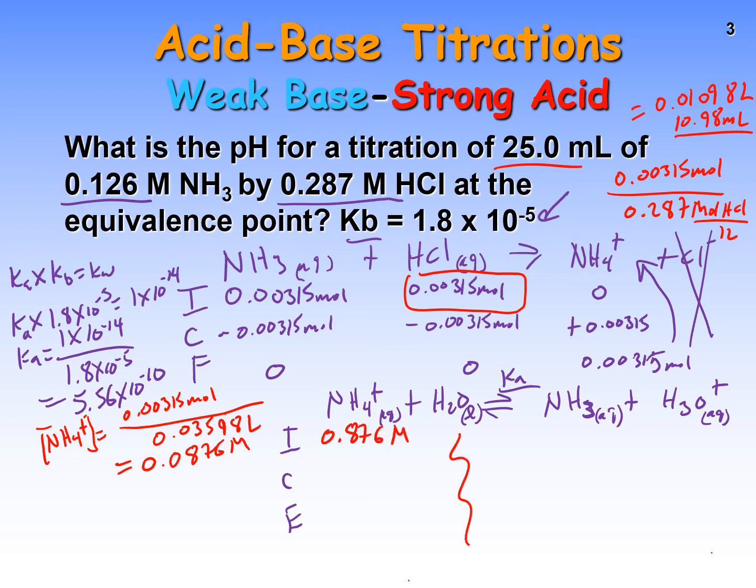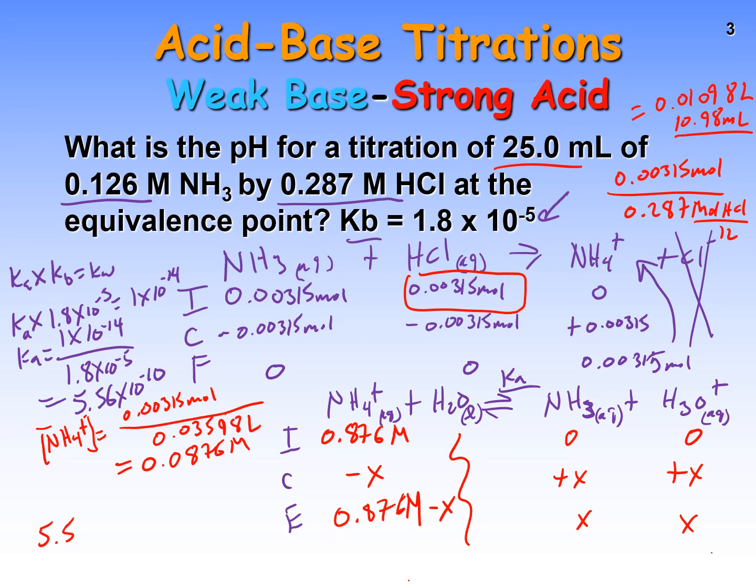I don't care about water. It's a pure liquid. We don't have any NH3 anymore. We don't have any H3O+ initially. We know the changes are plus X, plus X, and minus X, so 0.0876 minus X. Now we can set this all equal to the Ka that we just calculated, right?